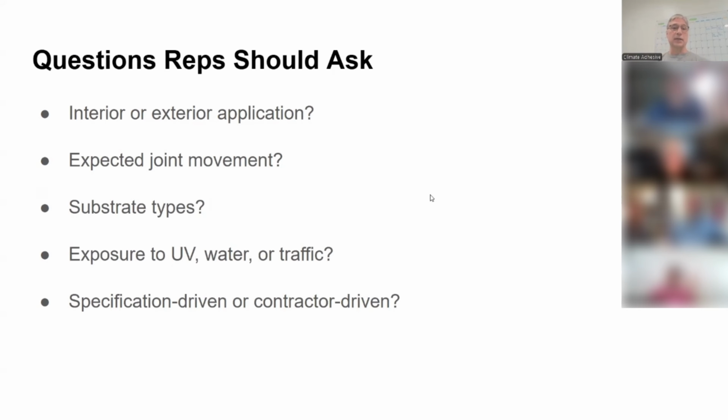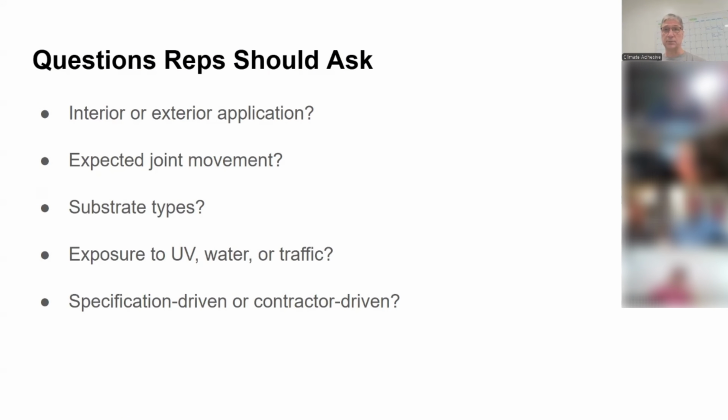Questions we should be asking: what are your applications, interior or exterior? Obviously, some products can be used for either application, but maybe they're looking at a project and considering using a product that's not designed for an interior application or an exterior application. We can call that out for them and let them know that they're about to use the wrong product.